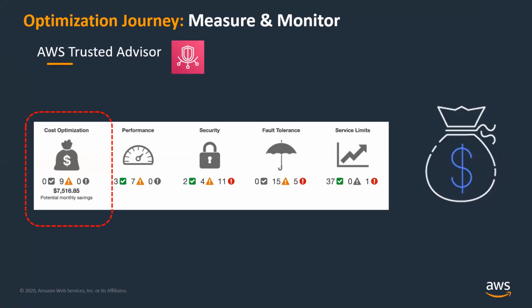Whether establishing new workflows, developing applications, or as part of ongoing improvement, take advantage of the recommendations provided by Trusted Advisor on a regular basis to help keep your solutions provisioned optimally. I have seen many customers set a regular reminder to check the recommendations and the dashboard offered by Trusted Advisor.